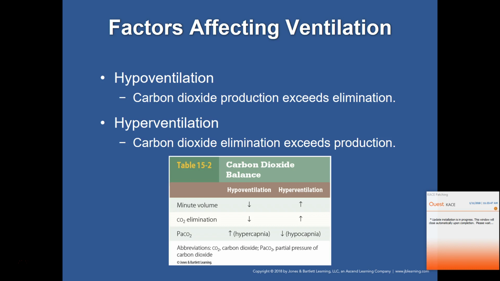There is some CO2 that floats free in the bloodstream, but most of it is transported in the form of bicarbonate. So the body uses carbon dioxide as the trigger for the respiratory rate and depth. The normal range for CO2 in the body is 35 to 45 when we measure it in blood gases.